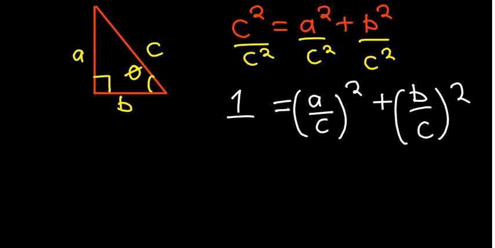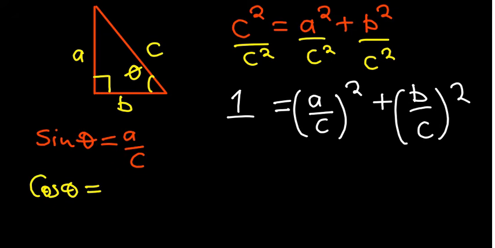Okay, now we can basically look at this angle theta that we are looking at. So if we say sine theta, what does SOHCAHTOA tell us? SOHCAHTOA tells us it's the opposite, which in this case is A, over the hypotenuse, which is C. Of course, I did explain in the first video what SOHCAHTOA stands for. When you go to cosine theta, the adjacent over the hypotenuse, A over C. Okay?